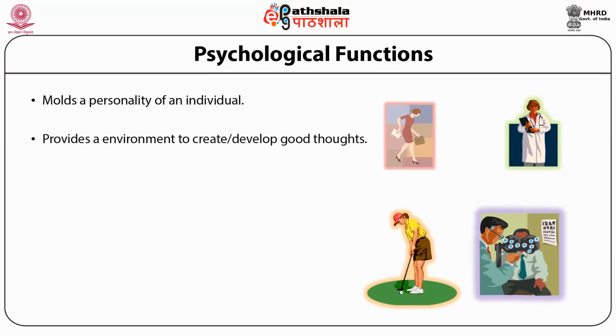Family provides an environment to create or develop good thoughts, therefore making a good responsible citizen. For example, if a person is provided with a good family environment and emotional support is given by the family members, then that person would feel free and may not have stress.